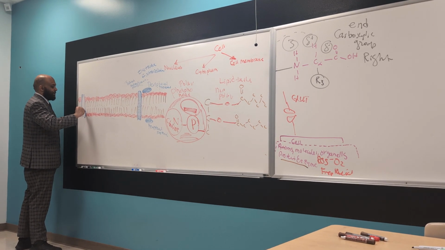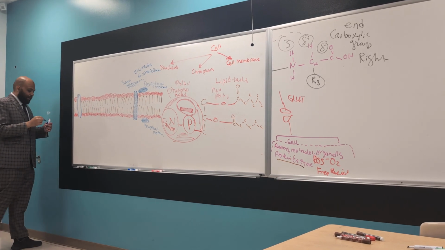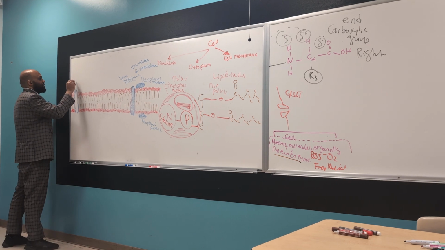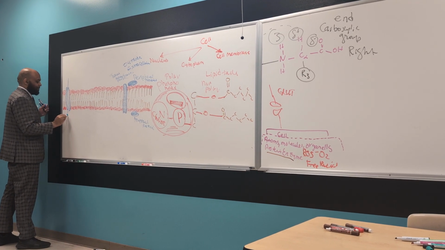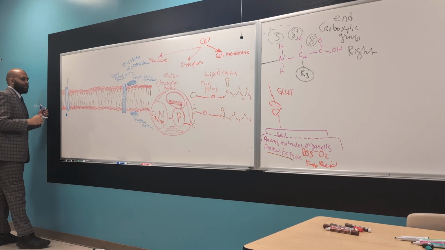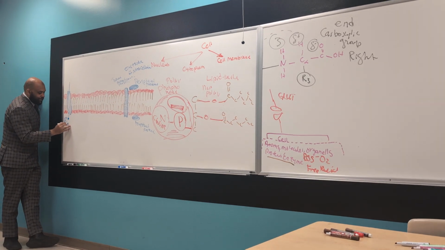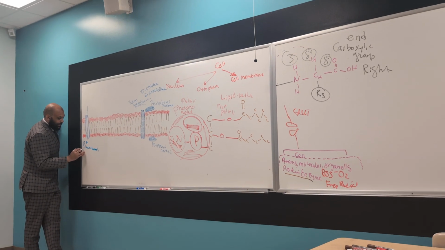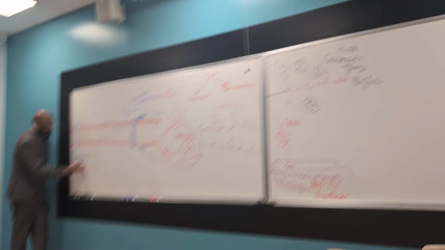They allow for the influx of certain ions. So you have potassium leak channels, and you can have calcium leak channels.